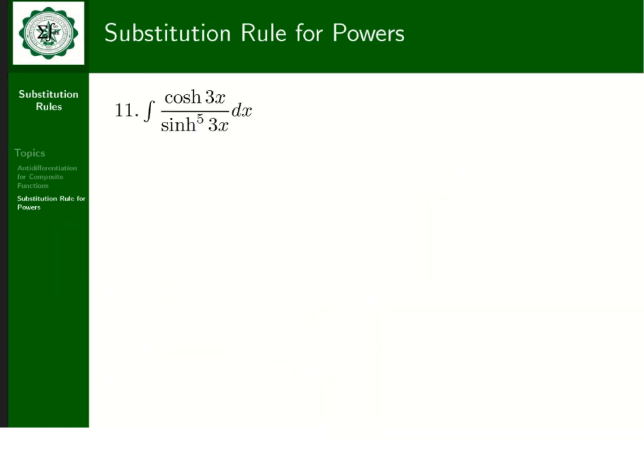Next, we have the integral of cosh 3x dx over sinh of 3x raised to 5. Here, we let u be sinh of 3x. Then we have du is 3 cosh 3x dx.